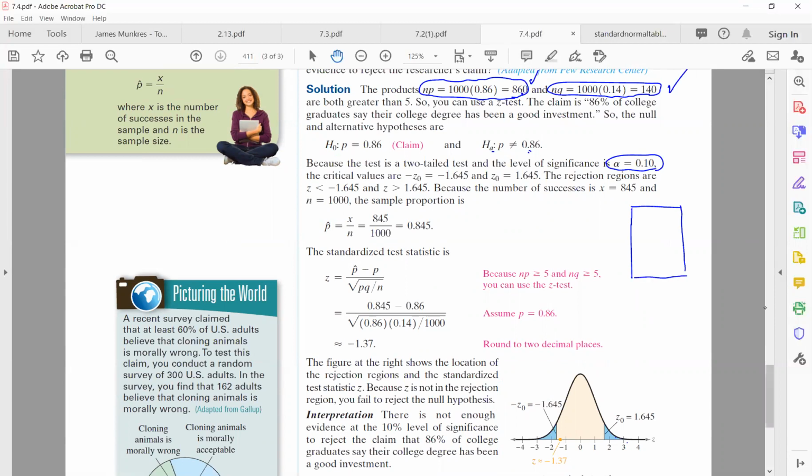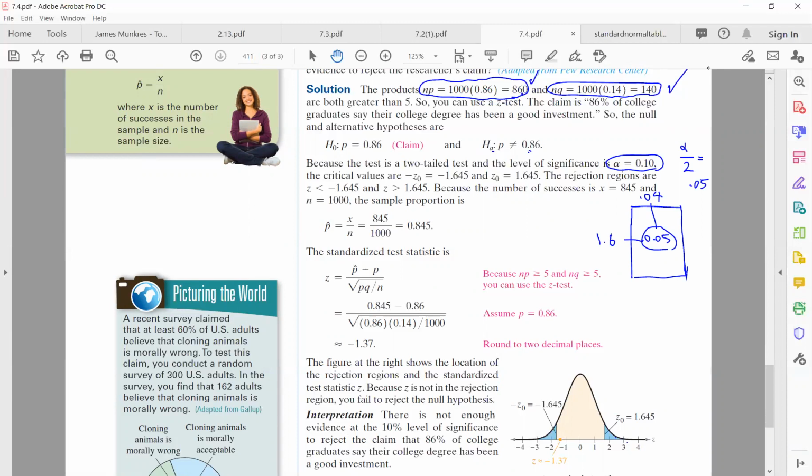Since you have a two-tailed test, you divide alpha by 2, which is 5%. You look for 5% in your Z table. The matching Z value is 1.64. Since you have a two-tailed graph, you have a negative and positive critical value.